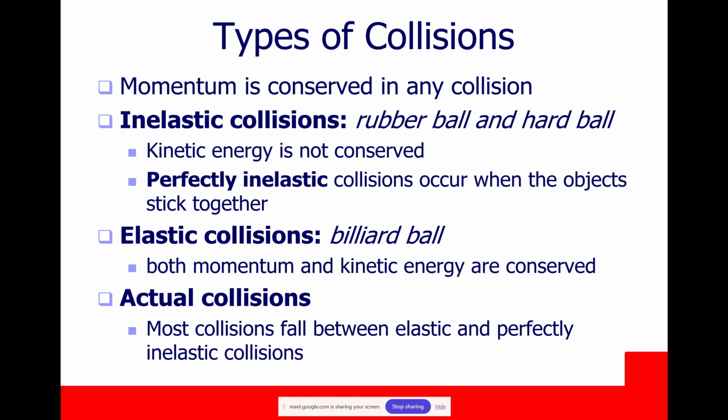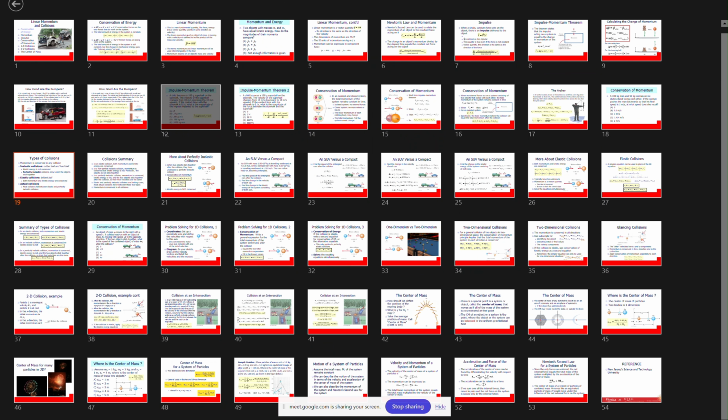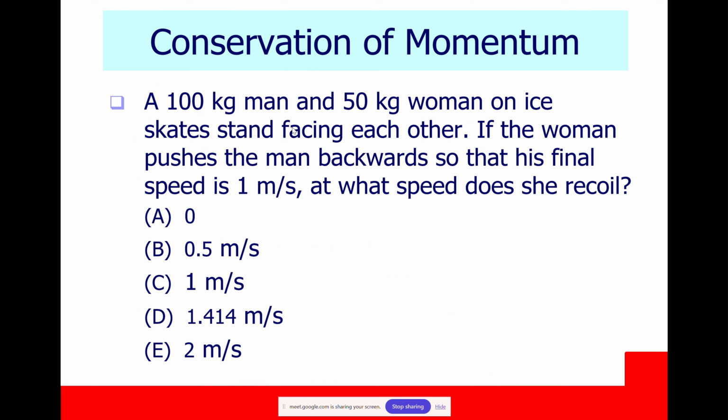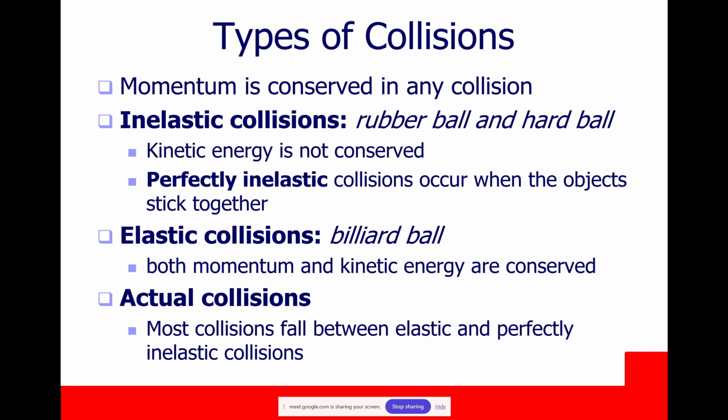So these are the types of collisions we have. We've talked about this one. So types of collisions: momentum is conserved in any collision. It is important to note that whether you're talking about elastic or inelastic collision, we actually have just elastic and inelastic for you to know.